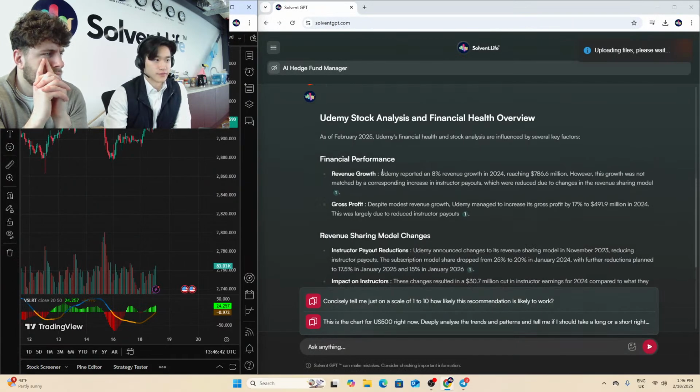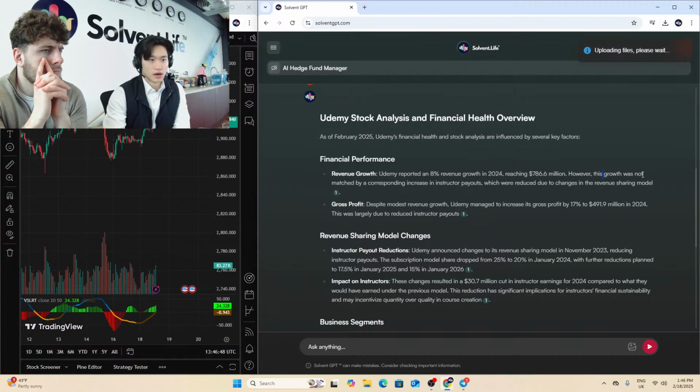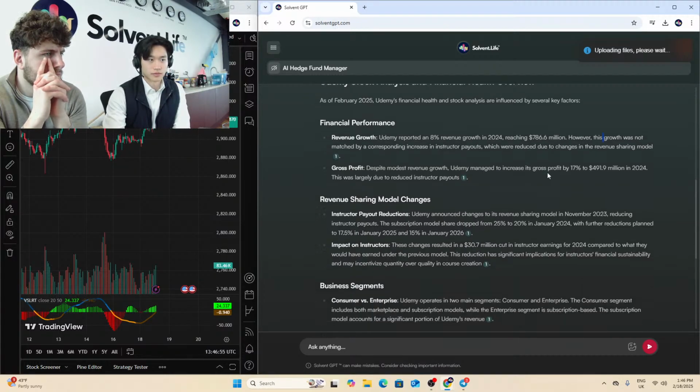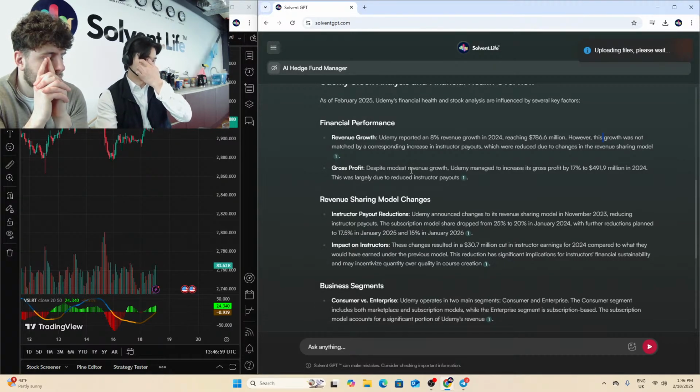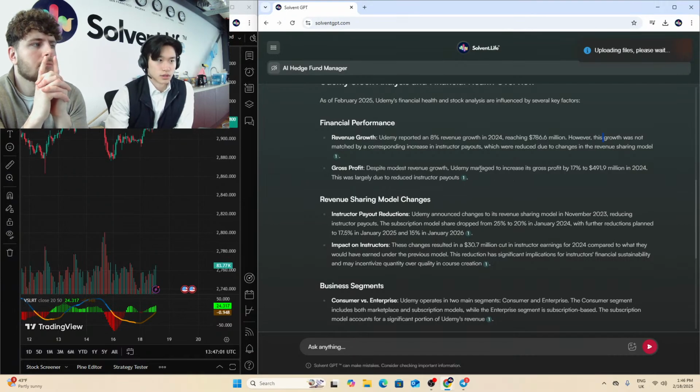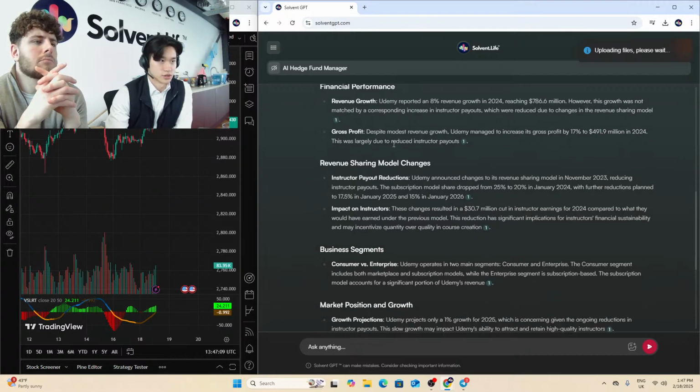Financial performance, revenue growth. Udemy reported 8% revenue growth in 2024, reaching 786 million. However, not matched by a corresponding increase in instructor payouts, and they were reduced due to the revenue sharing model. Udemy managed to increase profit by 17% to 491 million, largely due to reduced payouts.